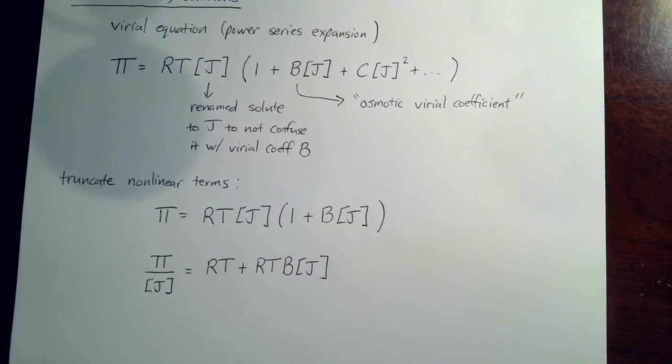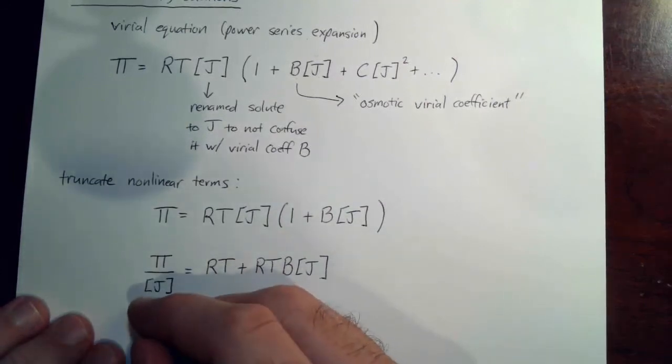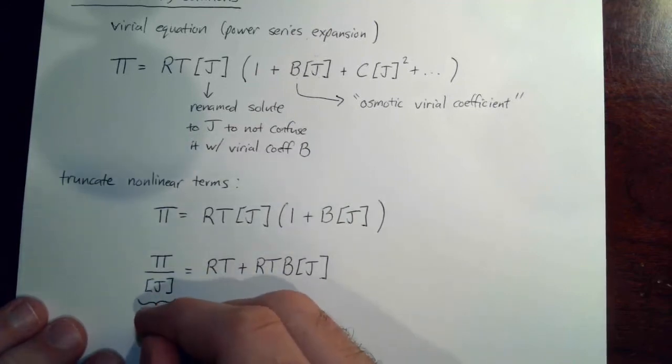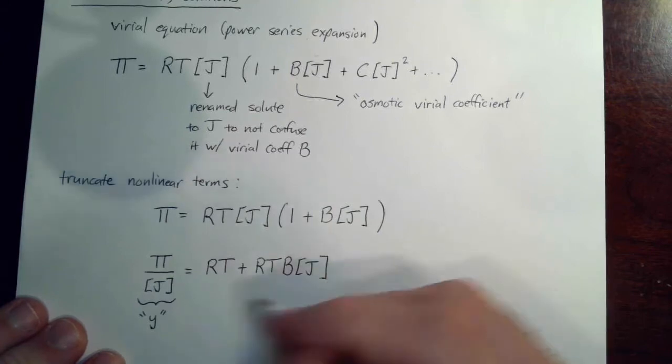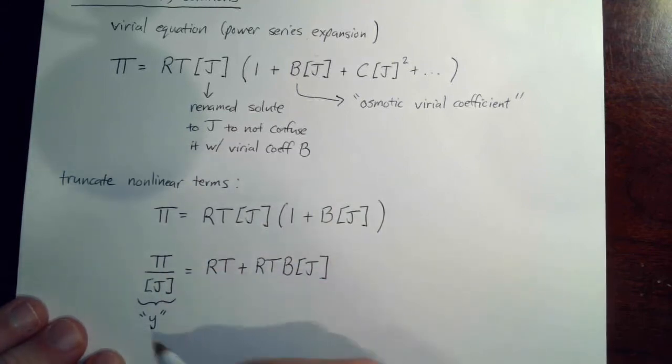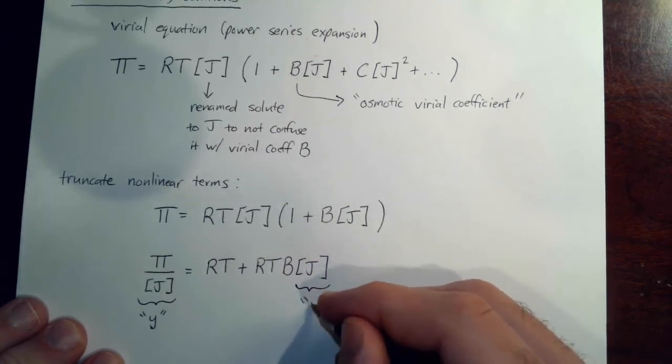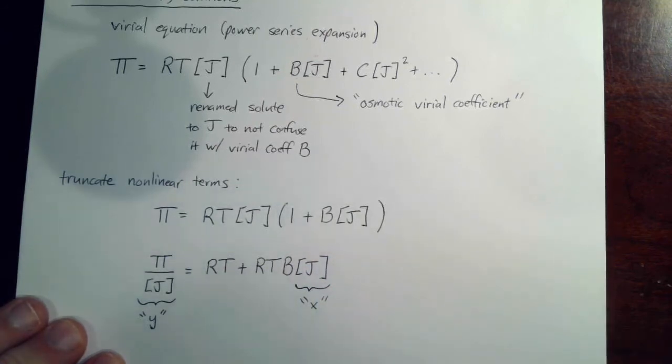To give you an idea of why we did this, we're going to treat this quantity, pi over the concentration, as Y, and the concentration itself as X. If you look at this, it's the formula for a straight line.